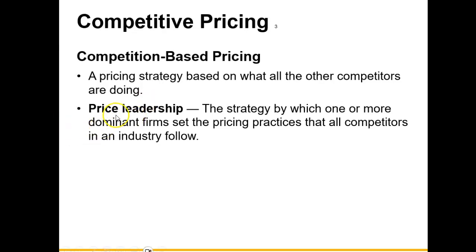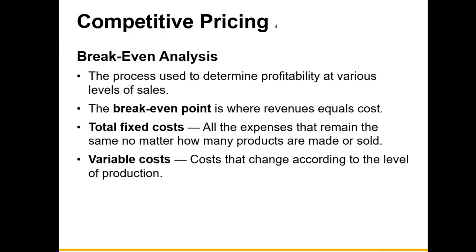Compared to price leadership, a strategy by which one or more dominant firms set the price and practices that all competitors will follow. So now we're saying, you know what? We're not following you all. We're the leader. We're going to set the actual price. And then once we set the price because we're the main dominant firm, our competitors will get aligned based upon the price that we have set.